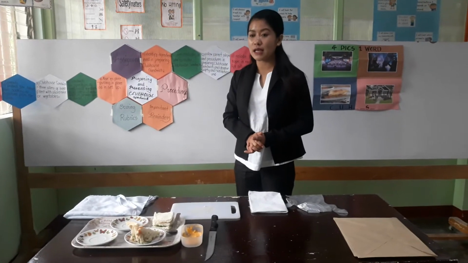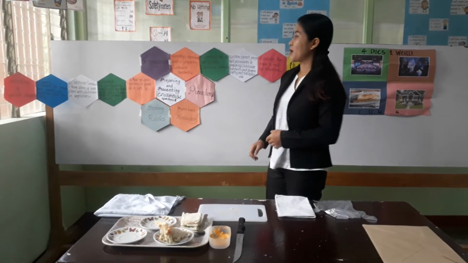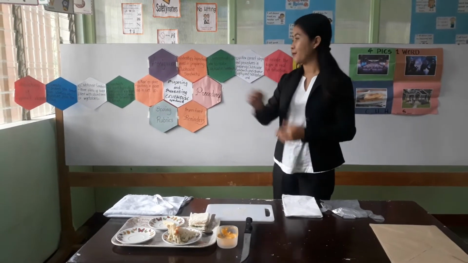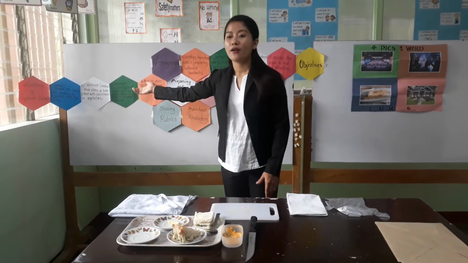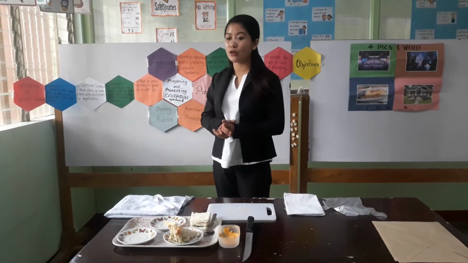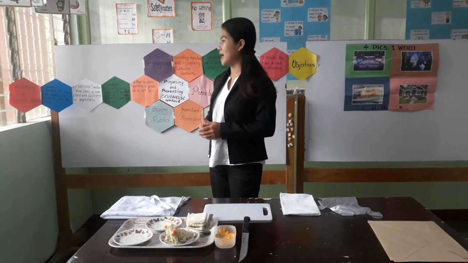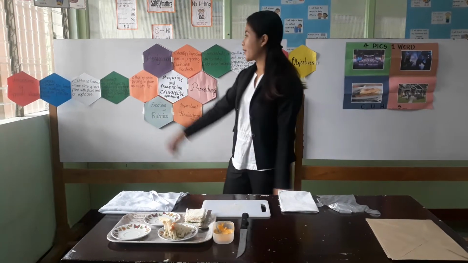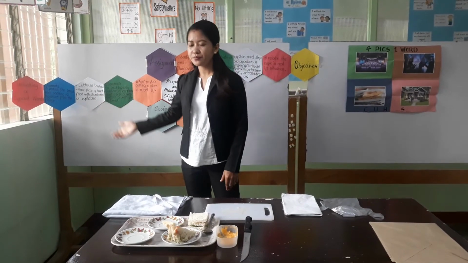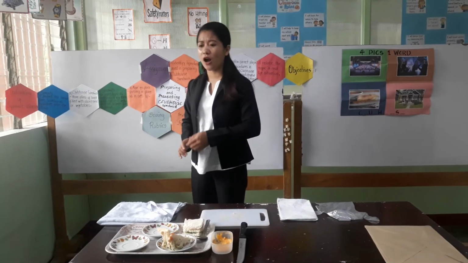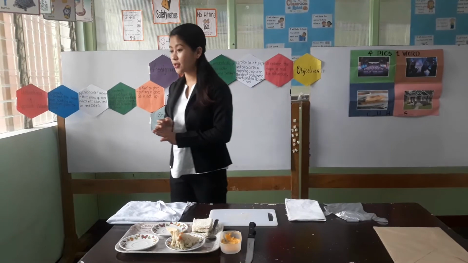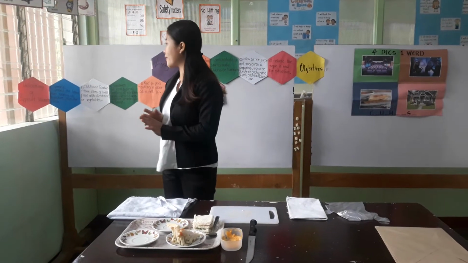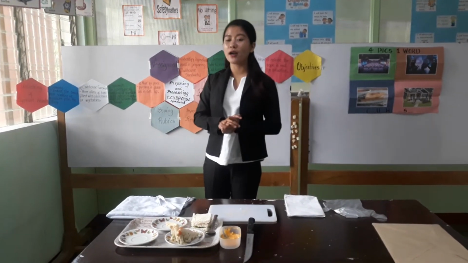We all know that mise en place is putting in place as in setup. Next, sandwich. Sandwich is a food typically consisting of meat or slices of vegetable placed on or between slices of the bread. Next, clubhouse sandwich. It is actually consisting of 3 slices of toasted bread filled with sliced meat or vegetables.